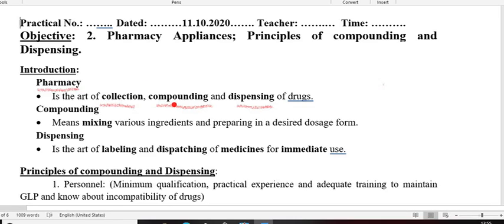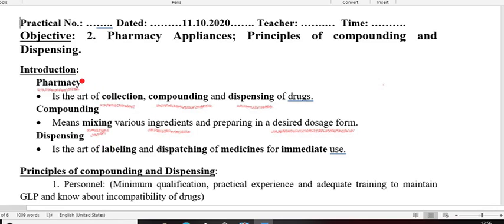Second word is compounding. The meaning of compounding is simply mixing. Mixing of what? Of various ingredients that are participating in preparing the desired dosage form is simply compounding, or simply the mixing of ingredients is called compounding.